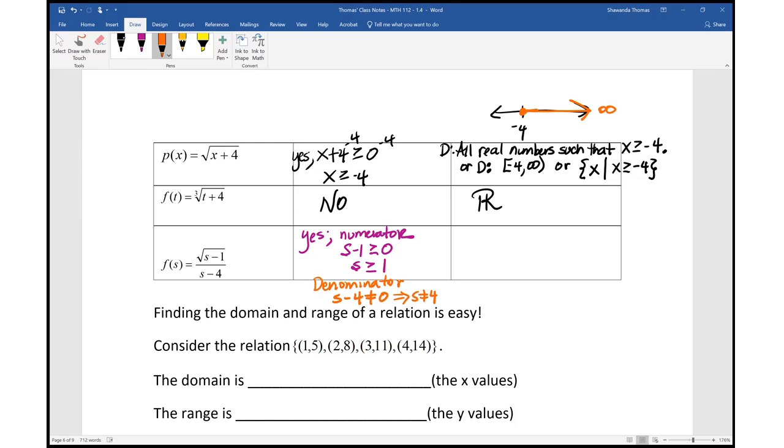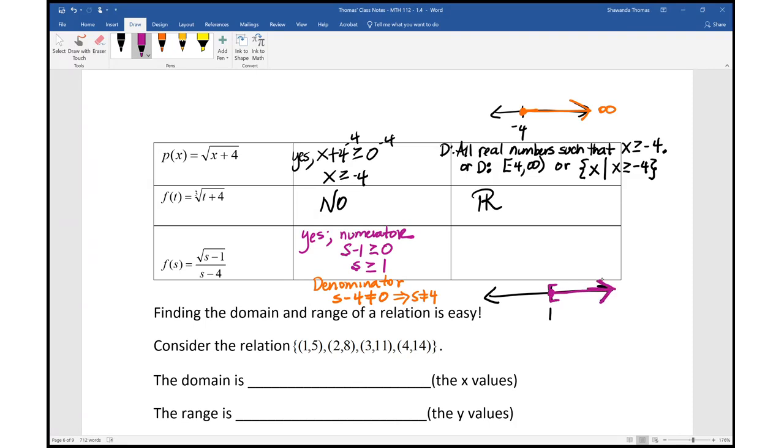So we have to draw a number line and see how we can put both of these together. For the numerator part, at 1, it's saying that s can be equal to 1. You can put a bubbled in circle or bracket here. It can be greater than, so it's going in this direction.